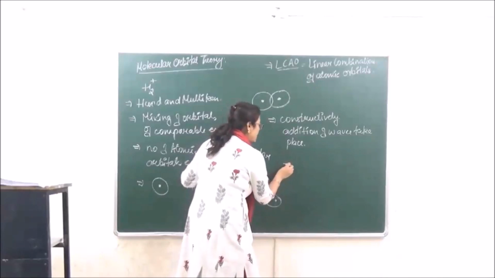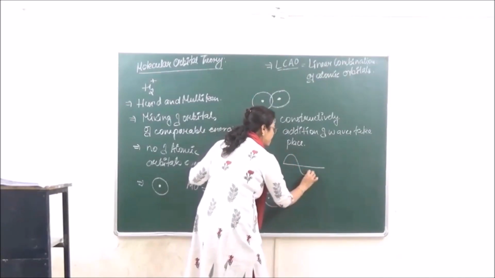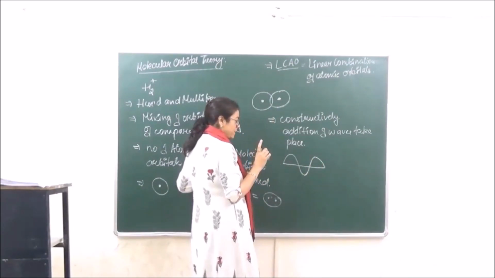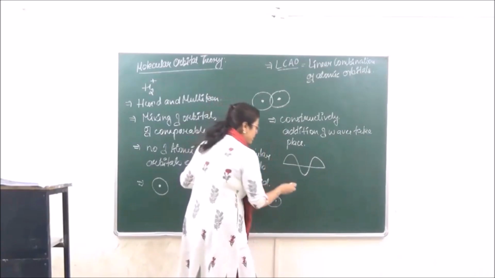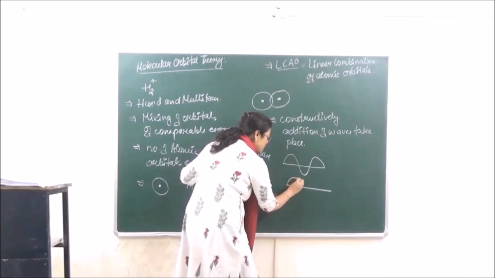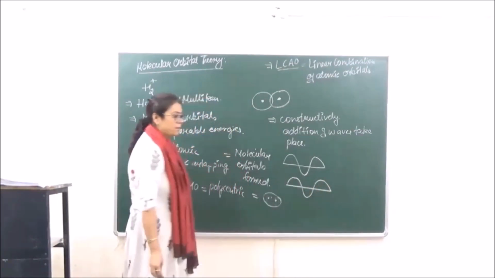Right? So let's say this is the wave of one orbital, or one electron in one orbital, and similarly this is the wave of the second.